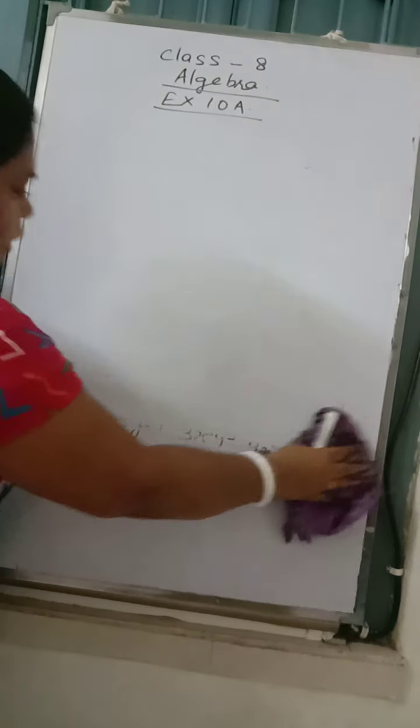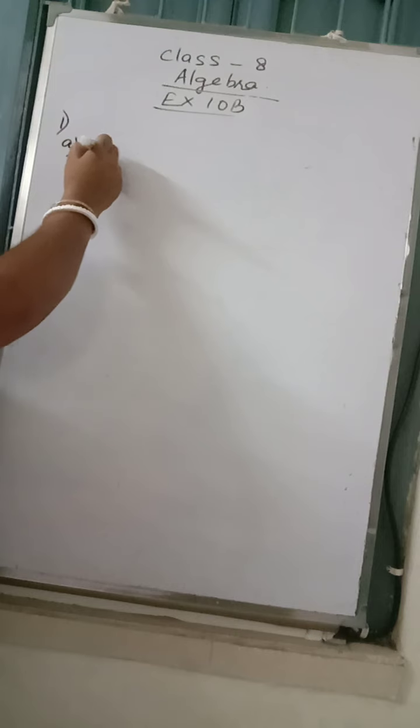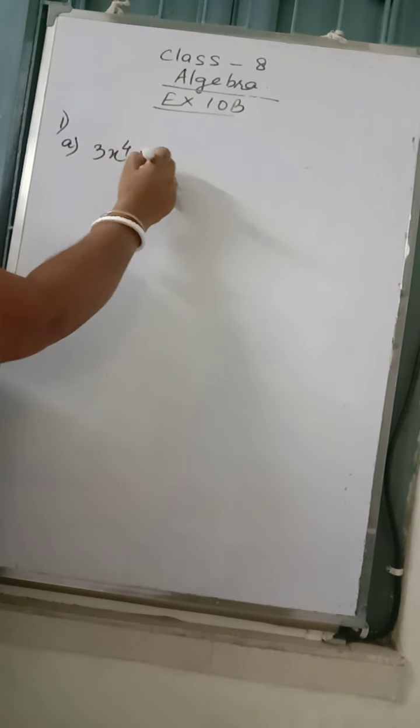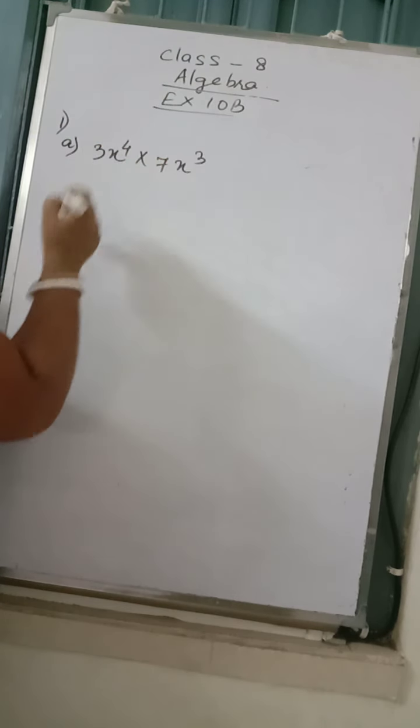Here you have to multiply monomial by monomial. The question is 3x to the power 4 into 7x cube.